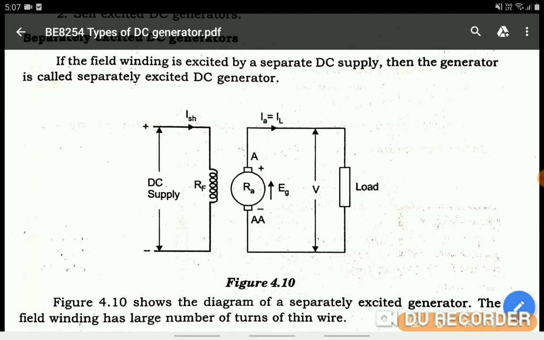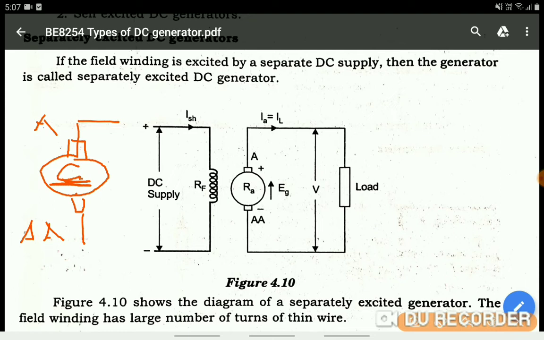This is a circuit diagram. This circular shape represents the generator. If it is DC, the underlined horizontal line represents DC, and the two projections above and below the circle represent the brushes. And we can notate it with A, A, which is the armature.